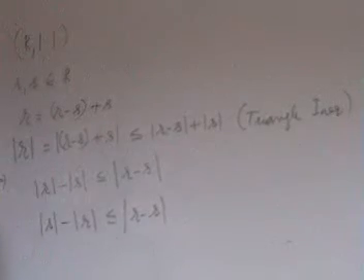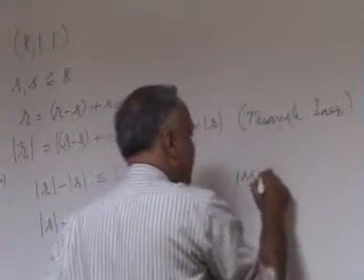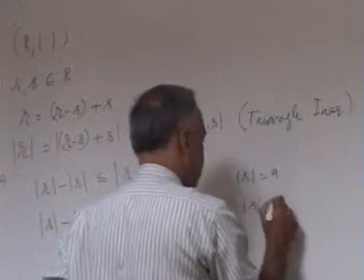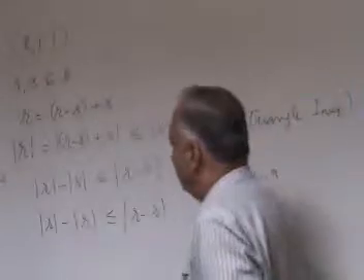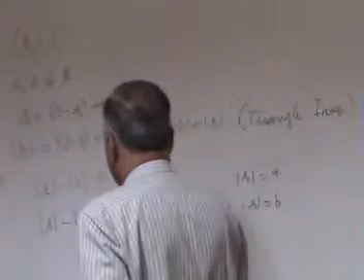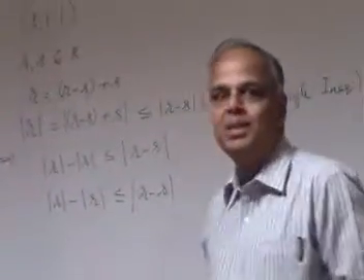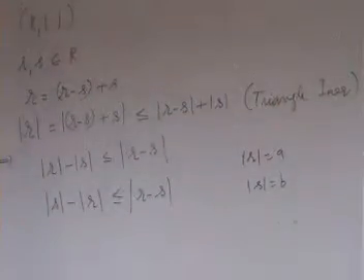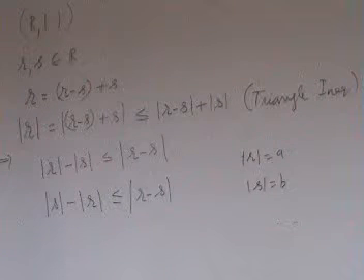So if I call this a and this b, then a minus b is less than this, and b minus a is also less than that.